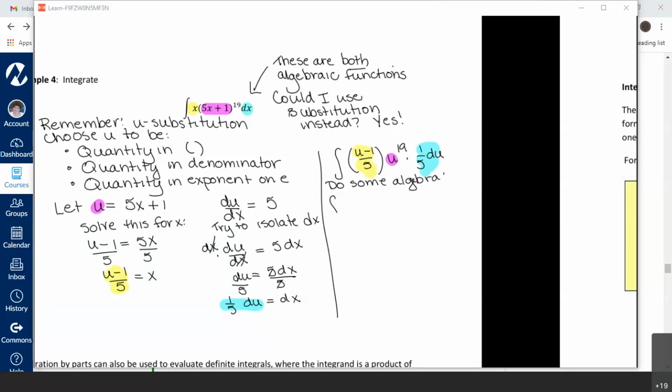So this is 1/5 times u minus 1 times u to the 19th times 1/5 du. See these two? I'm going to multiply them and pull them through the integral: 1/25 u minus 1 u to the 19th du. Everybody see what I did there?